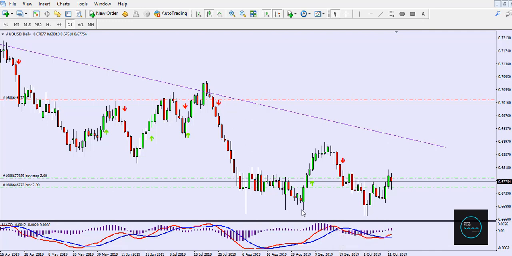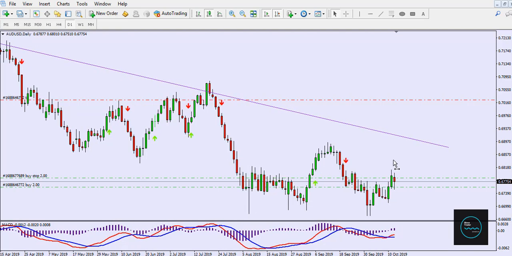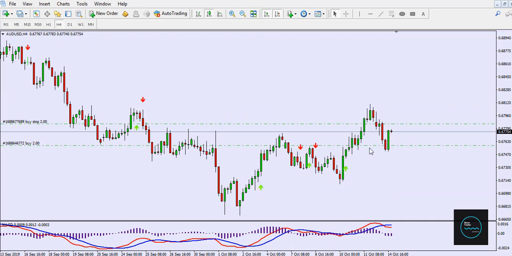Okay, and usually when you see positive divergence or negative divergence on something like the weekly or the daily, you should know that that move is going to be very pronounced. Okay, so now seeing the positive divergence here and also seeing the wave bottom on the daily chart, I decided to wait for an entry. So going to the 4-hour chart now.